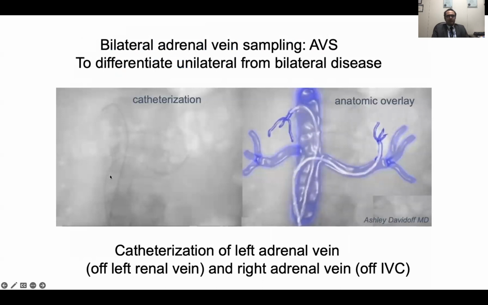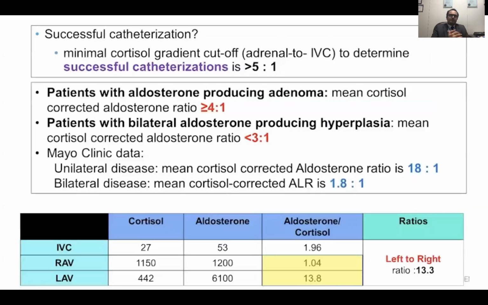The left one will be going to the left renal vein and then coming out of that, which is a bit easier. Here you can see the diagram. This is the left renal vein and left adrenal vein coming out of here. And the right adrenal vein is going directly into the IVC at a 90-degree angle. So you have to catheterize. The first thing is successful catheterization.